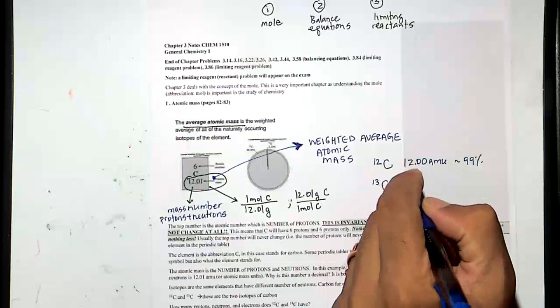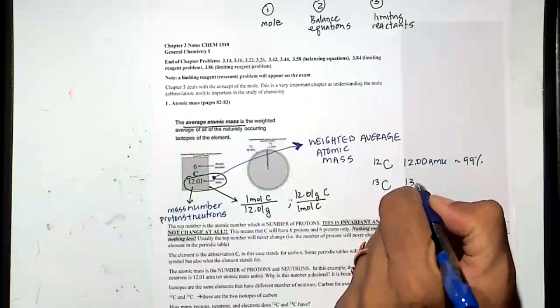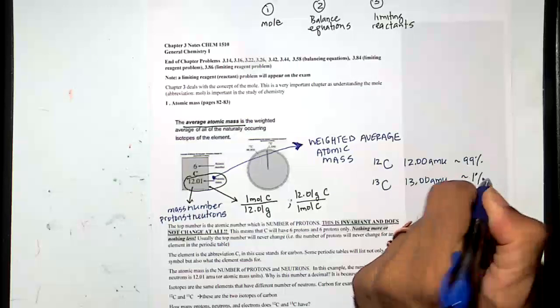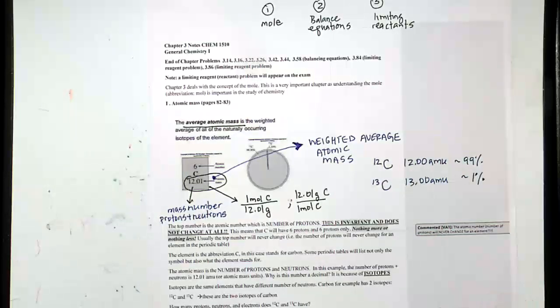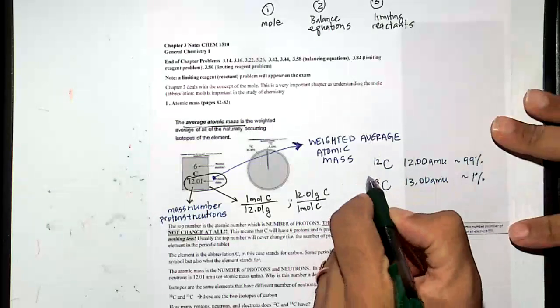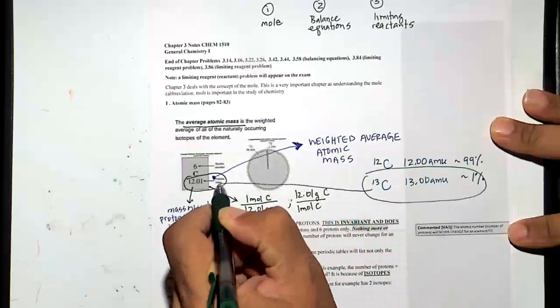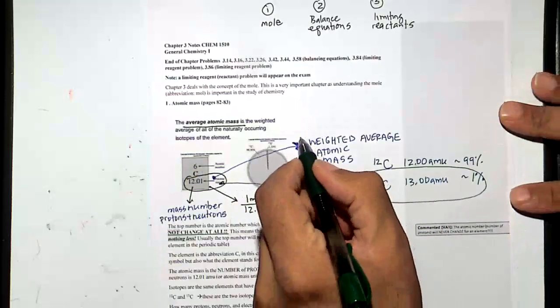A little bit is 13 AMUs, and this is about 1% natural abundance. This carbon-13, only 1% natural abundance, also contributes to that mass.